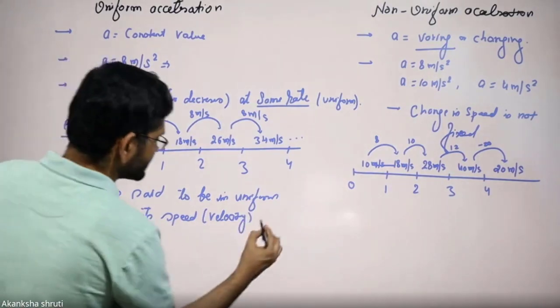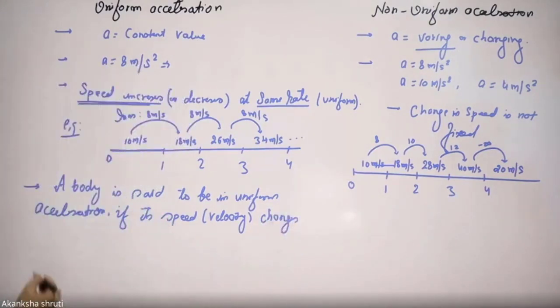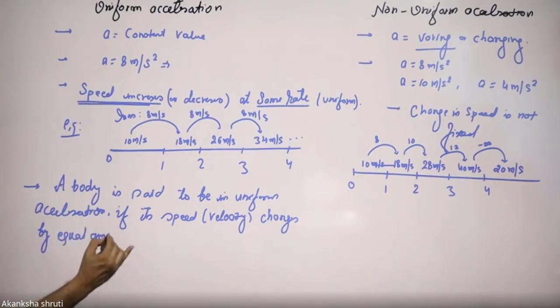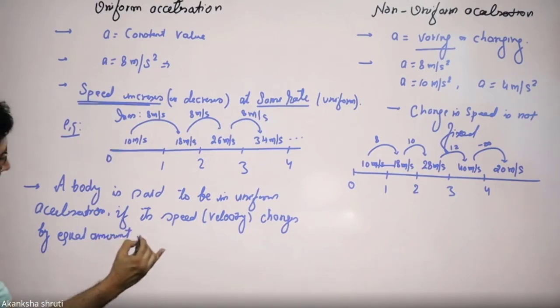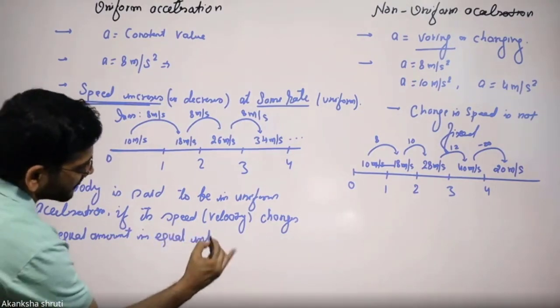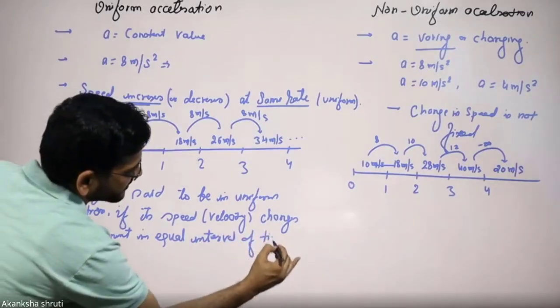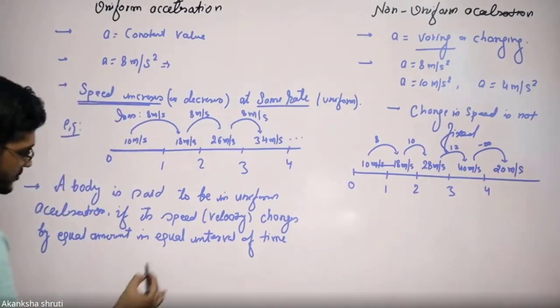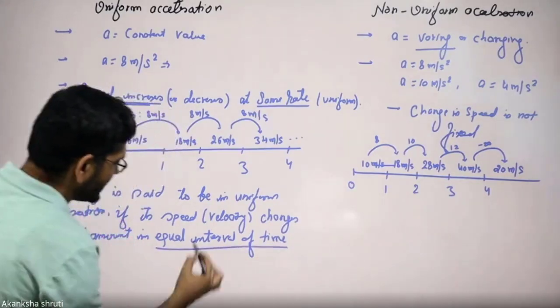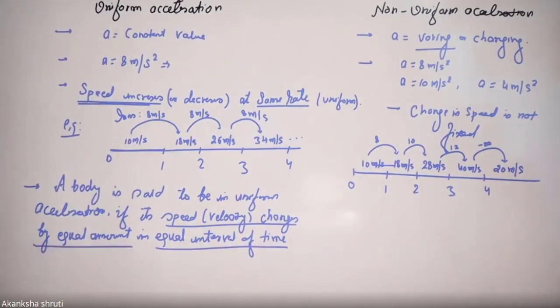If its velocity changes by equal amount in equal interval of time. So the time interval is always equal. Here we have to take the velocity changes by equal amount.